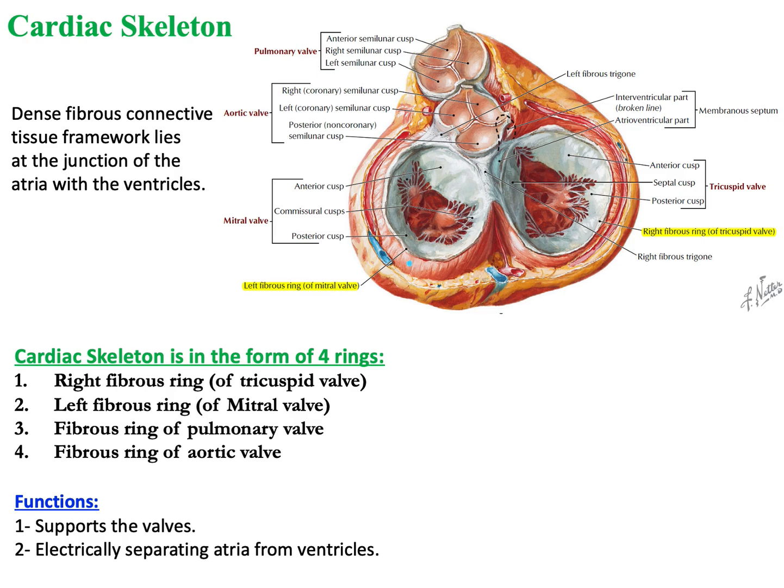Now, simply, the heart has a cardiac skeleton, a dense fibrous connective tissue that gives support for the valves and electrically separates the atria, which are already removed, from the ventricles.